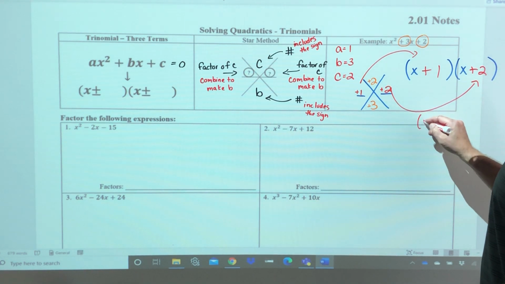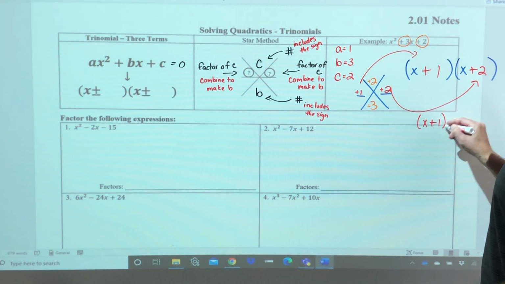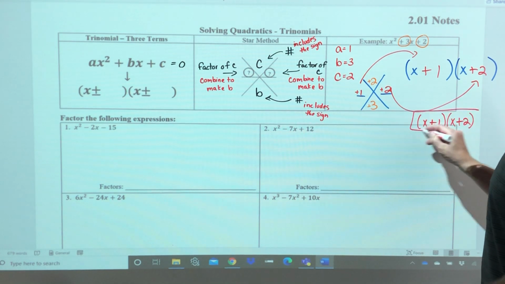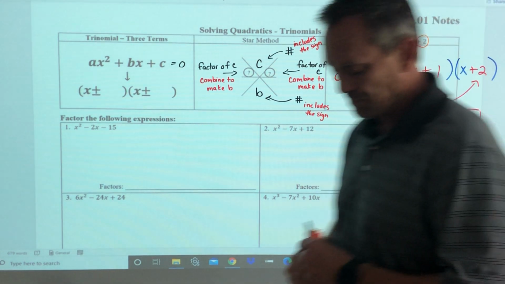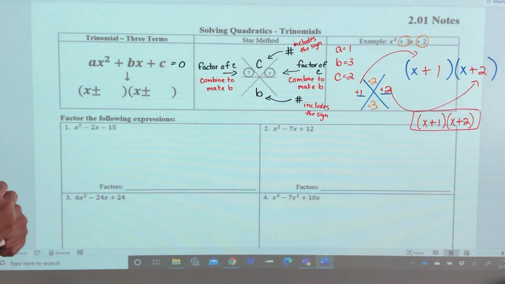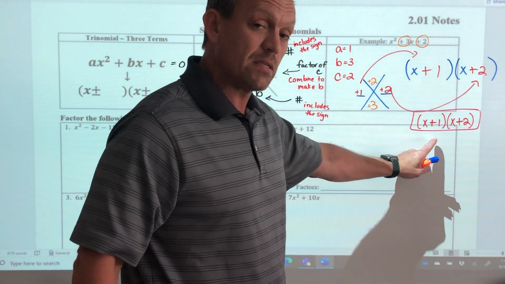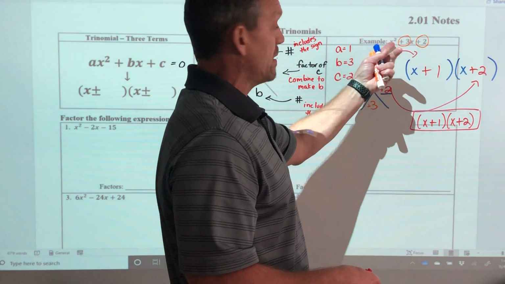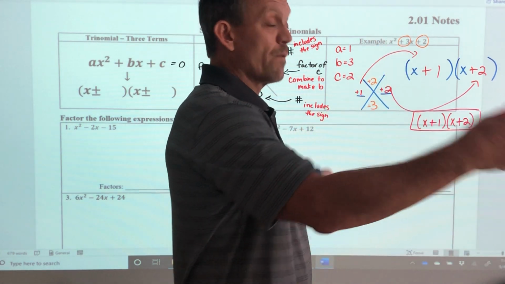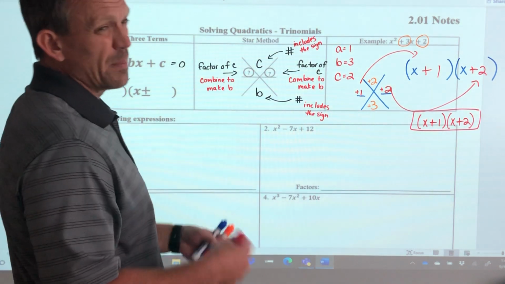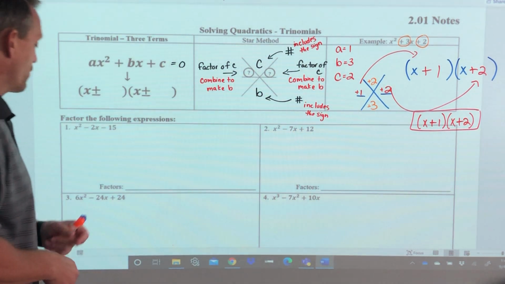So at the end of the day, this is your factorization of that trinomial. You factored it out. We've seen this, and we've used FOIL or Punnett squares to get to this, or for difference of perfect squares and stuff like that. Now it's a little bit different. They're going to be trinomials, and we go from there.